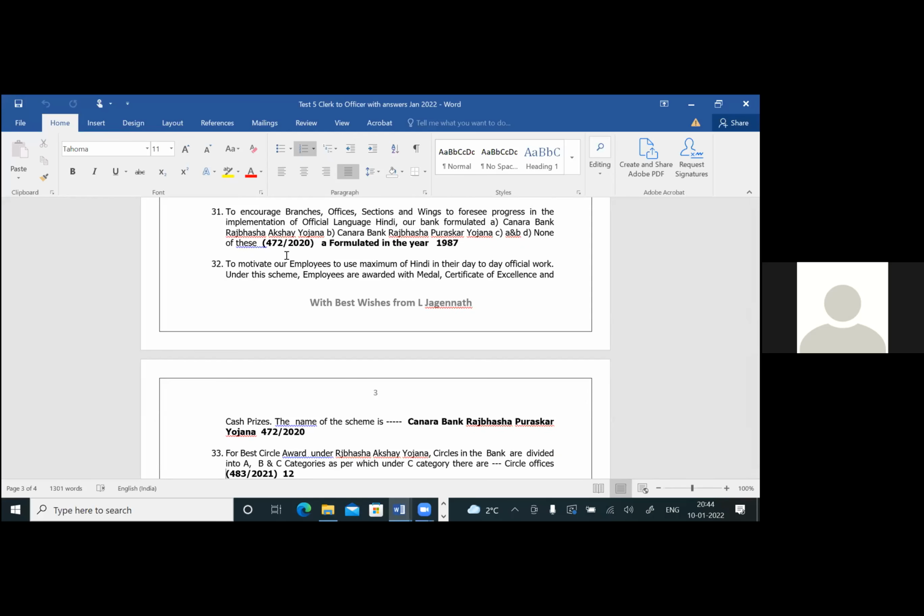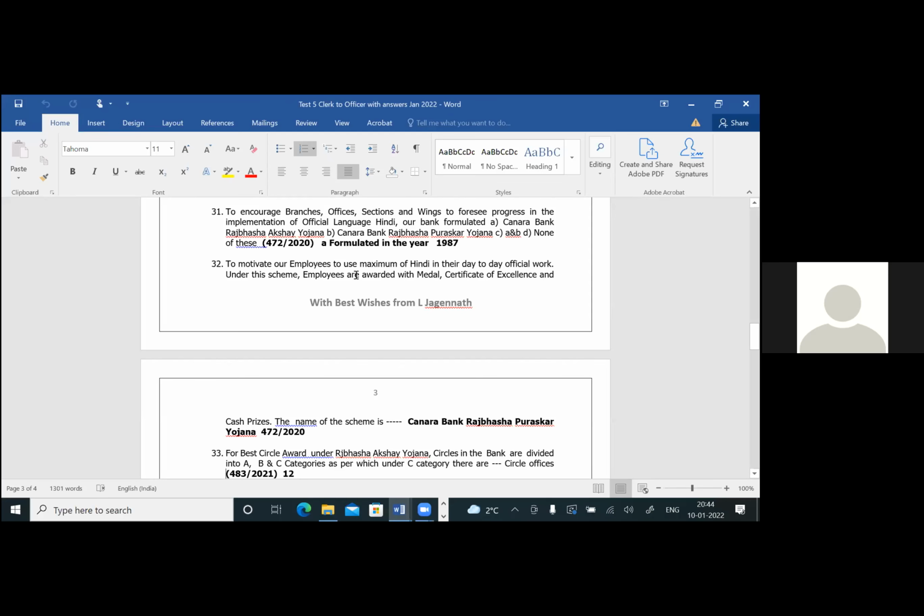You should get 70 marks, 80 marks, because competition is very tough, isn't it? Please go through 472/2020. To motivate our employees to use maximum Hindi in their day-to-day official work, there is a scheme. To motivate branches and officers to use Hindi, we have the Canara Bank Rajbhasha Akshaya Yojana.